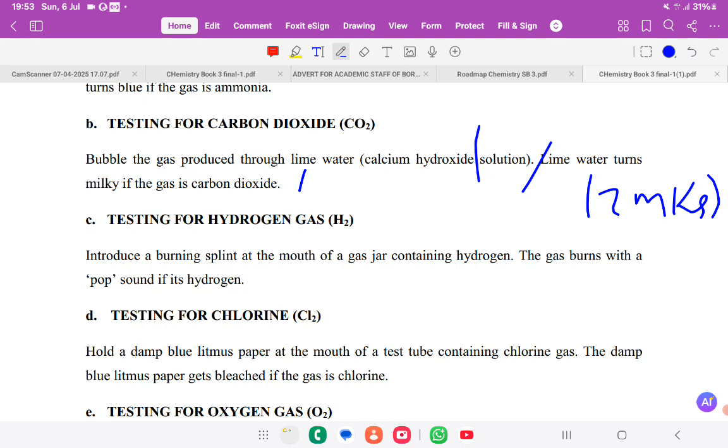You might have tried this with your teacher. Let's say, for example, you get water in a beaker. This is water, H2O. You drop in a metal such as sodium metal, for example. When the sodium metal touches water here, there's going to be a reaction.